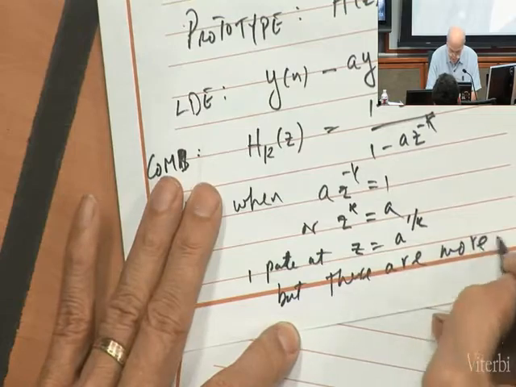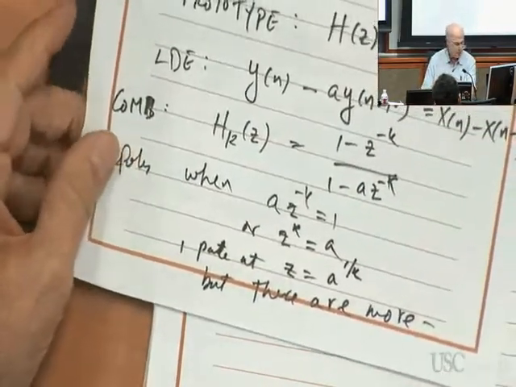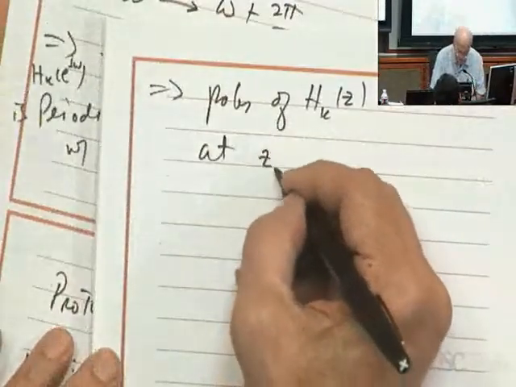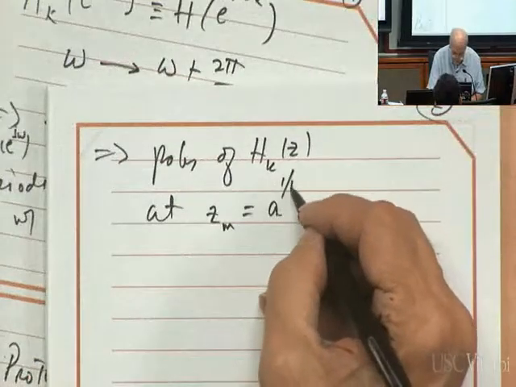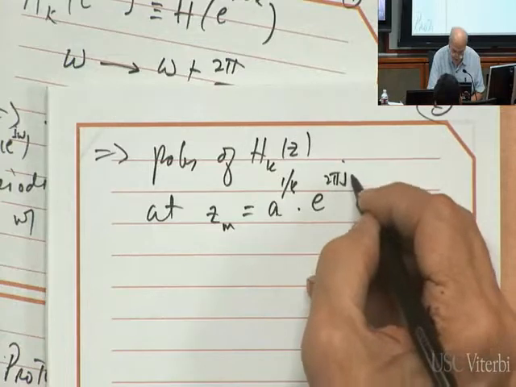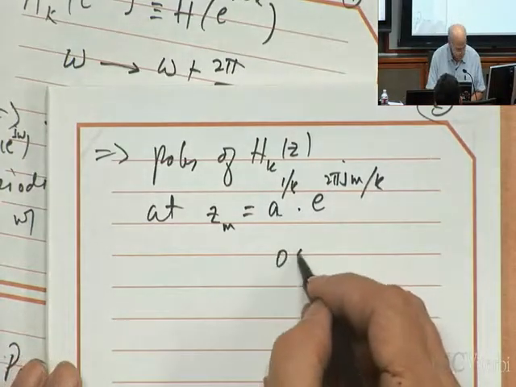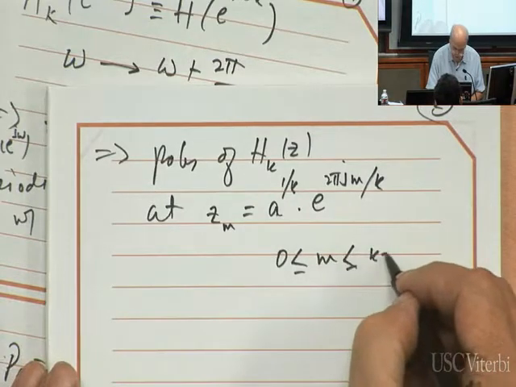And so, like the example we did with the running average filter, it turns out all the poles occur at z sub m equals a to the 1 over k times e to the 2 pi j m over k, where m is an integer running between 0 and k minus 1.